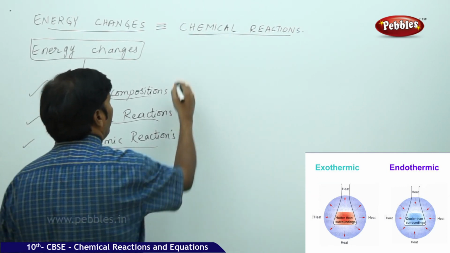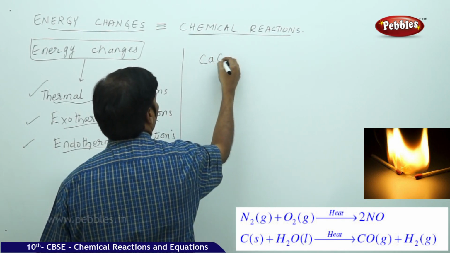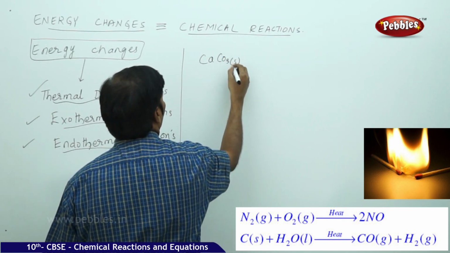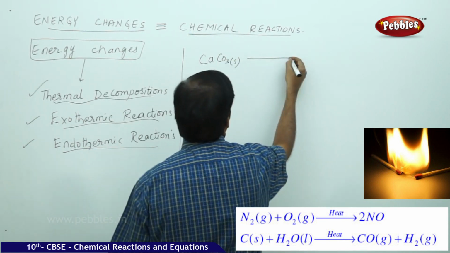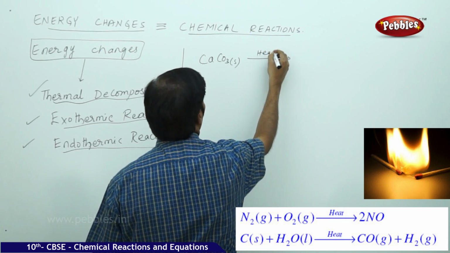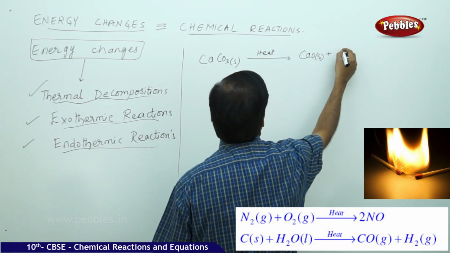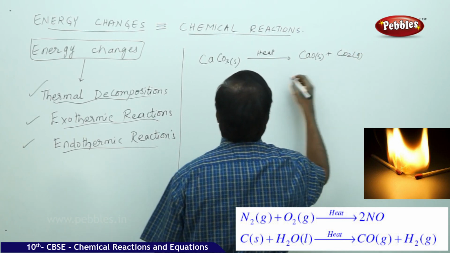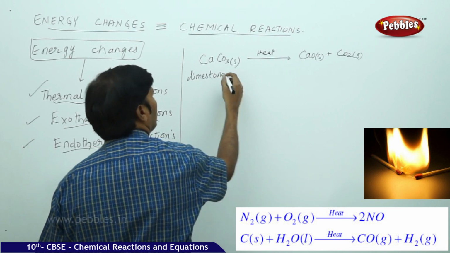So if you take, for example, thermal decomposition, take CaCO3 solid, which is limestone. Upon heating, it gives calcium oxide plus carbon dioxide gas. Mind you, this is limestone, and this is quicklime.